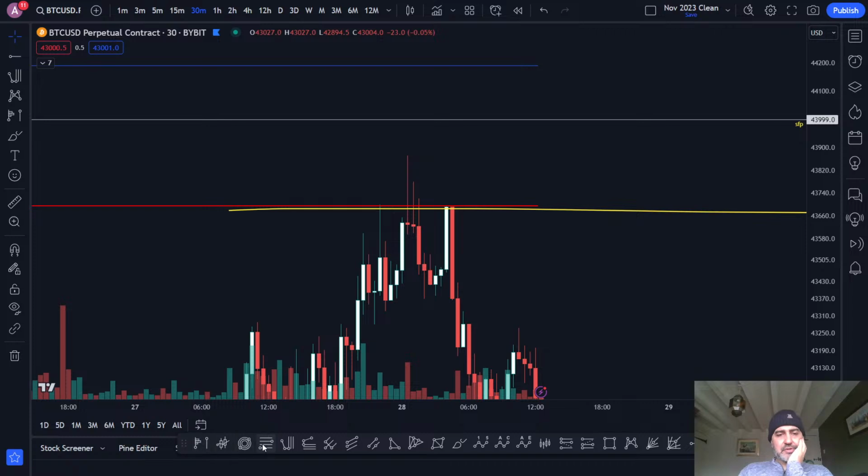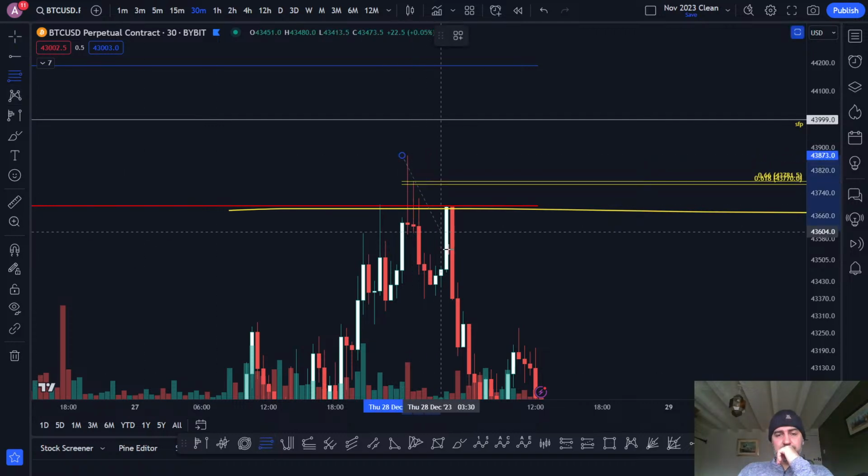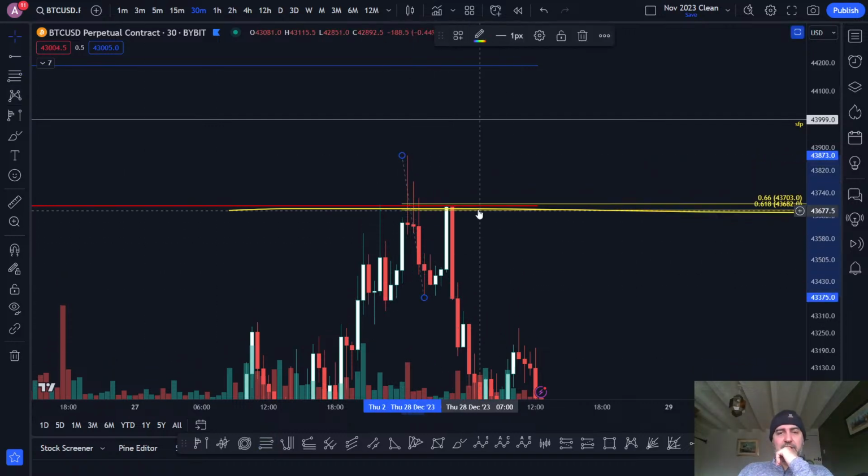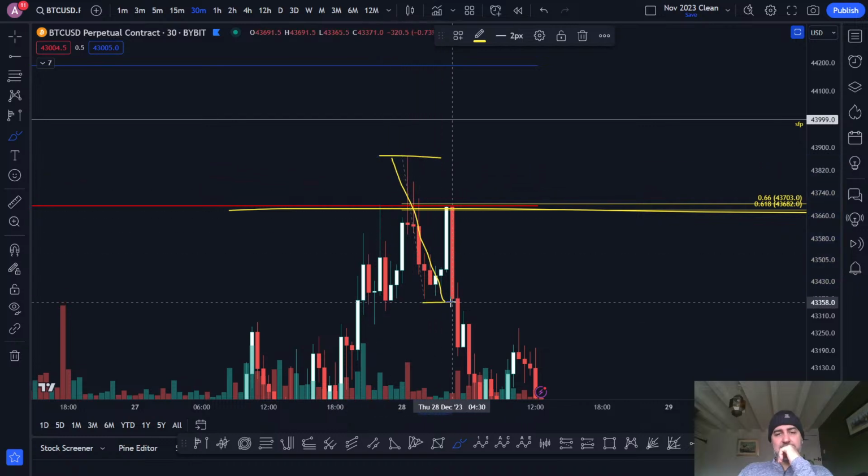And then if you do a fib, you'll see it perfectly lands into the golden pocket of this mini downward move from this pivot down to there.